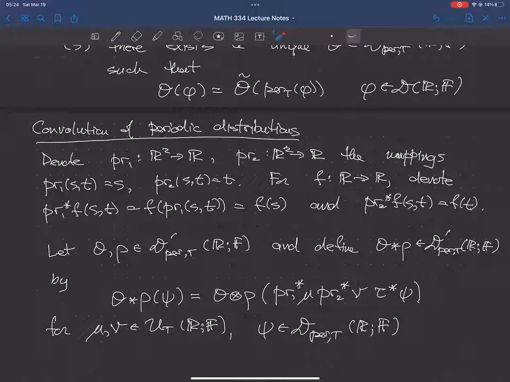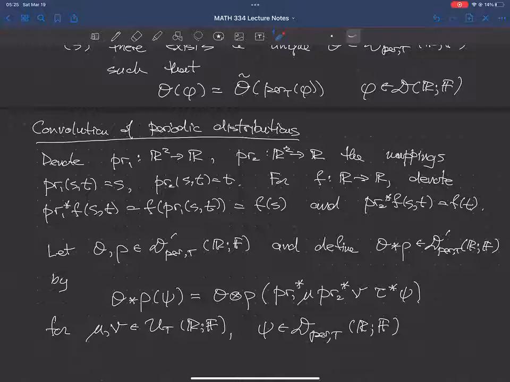So the idea is connected to what we did to define the normal convolution of distributions, but there are a few differences. In the normal case, we had a sequence of these, and then we took the limit. Here, things are easier. Remember, in the normal case we had this sequence psi j, and these psi j's had the property that as j got large, they became one on larger and larger sets.